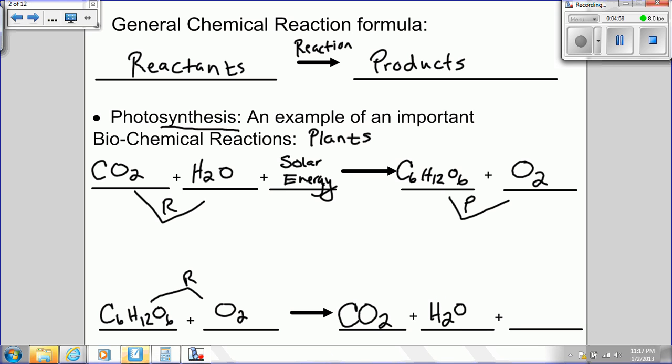Plus this molecule, ATP, which is used as an energy exchange molecule. Okay, ATP we talked about last week. It's a nucleotide. So we create ATP molecules through the process of cellular respiration.